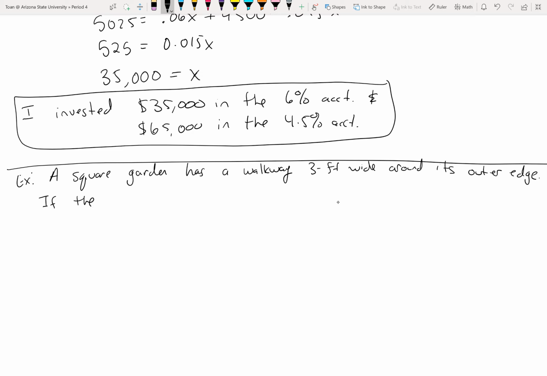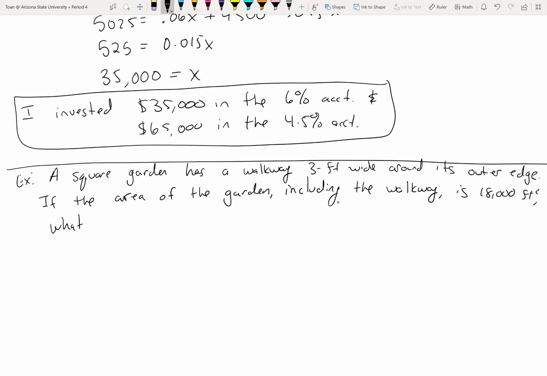If the area of the garden, including the walkway, is 18,000 square feet, what are the dimensions of the garden alone?